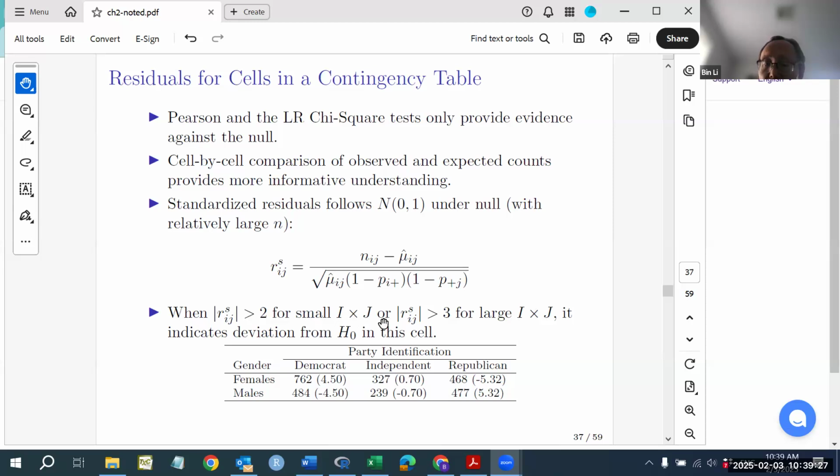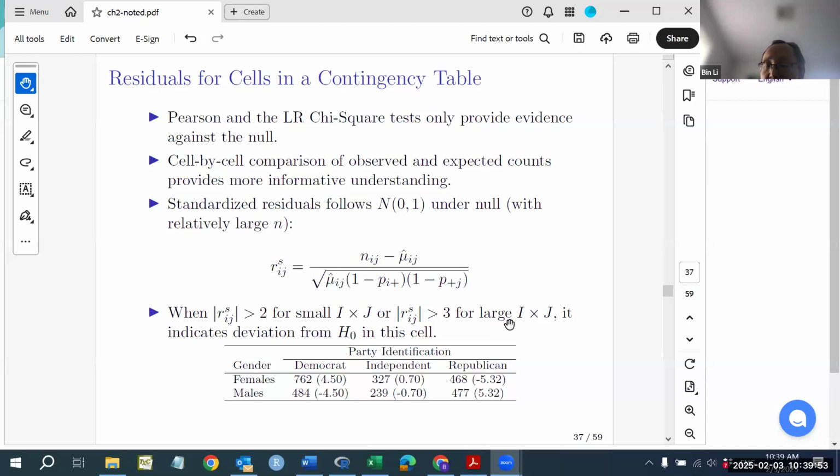If we don't have lots of rows or lots of columns, then we can use 2 as the threshold. If the absolute value of the residual is greater than 2, then it shows an outlying residual. If it's within 2, then it's not outlying.